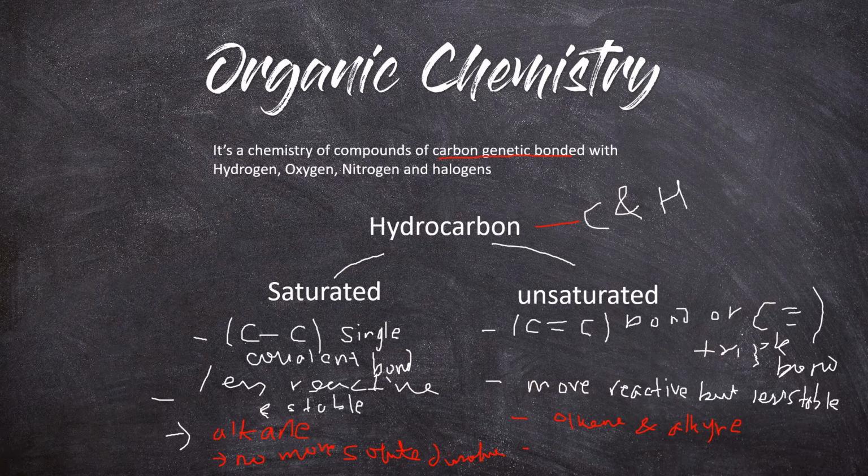Let's take one example: there is water in a glass and you put in a little sugar. That sugar is the solute and the water is the solvent. In saturated hydrocarbons, less solute will be dissolved.